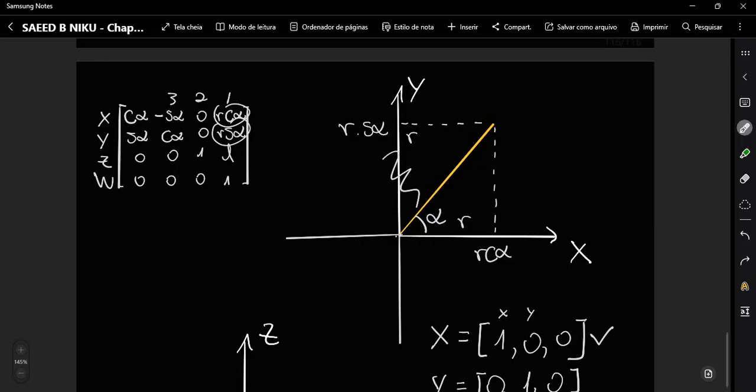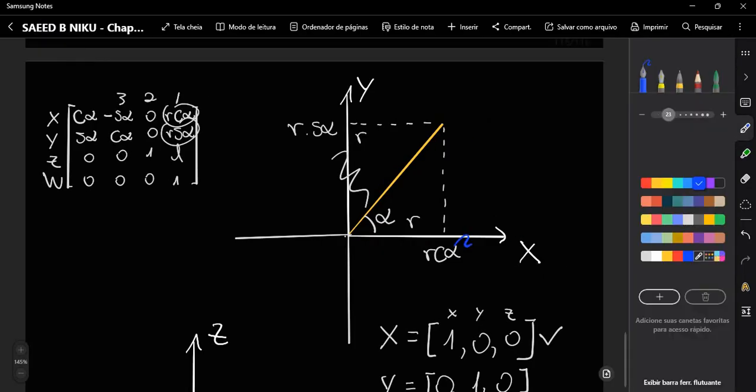Okay, and let's say it is a unity vector with a length of 1, a scalar value. Sorry if I'm saying something wrong.